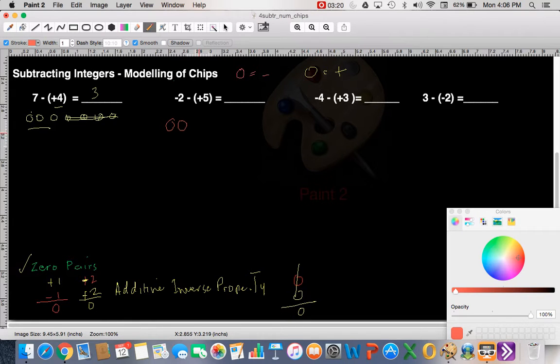You cannot take away positive 5 since there is nothing here to take away. So in order to take away something, we must have these so-called zero pairs. We will add the zero pairs.